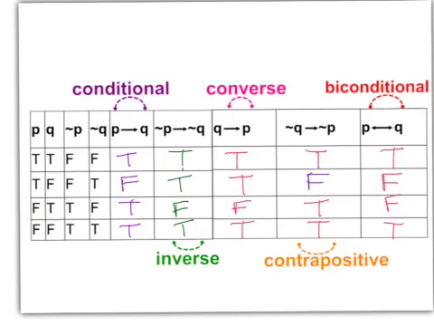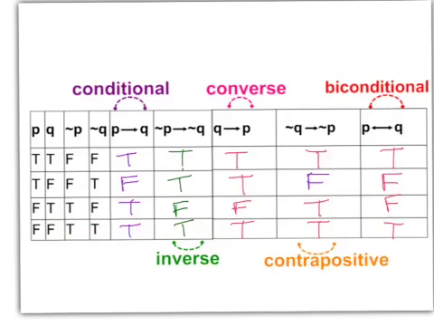And the biconditional, we're looking at the conditional and the converse, so true and false gives us false. Finally, false implies false is true. For the inverse, true implies true is true. For the converse, false implies false is true. For the contrapositive, true implies true is true. And then we look at the conditional and its converse, so true and true is also true.